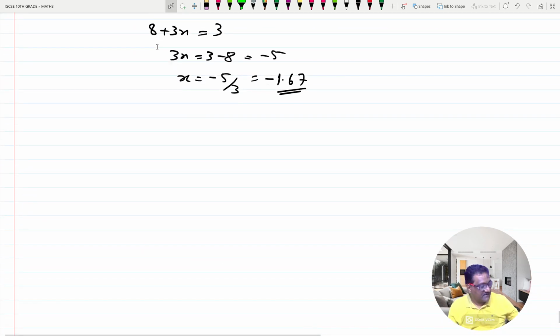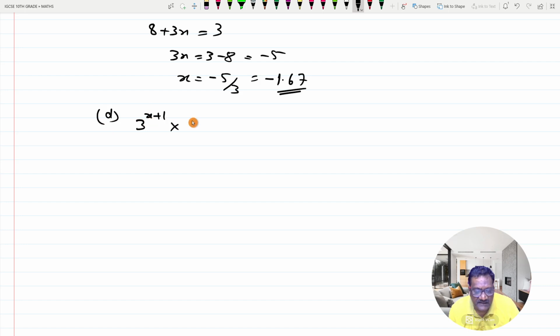Okay. Now let us go for the subquestion D. Subquestion D says that you have 3 raised to x plus 1 times 9 raised to 2 minus x, okay, equal to 1 upon 27.